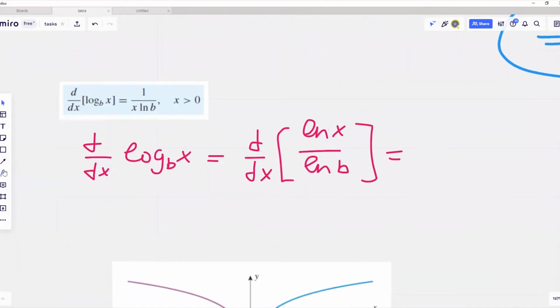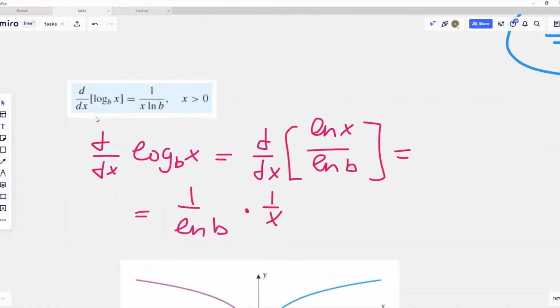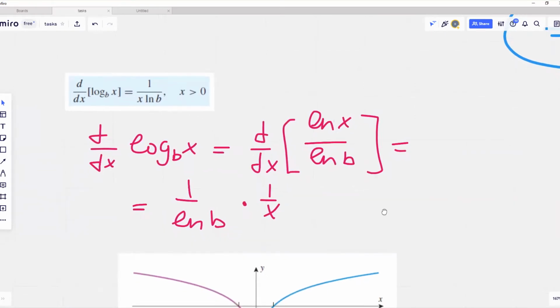Now, ln of b is constant, which gives 1 over ln of b multiplied by the derivative of ln of x, which is 1 over x. So the derivative of log base b of x is equal to 1 over x ln of b.